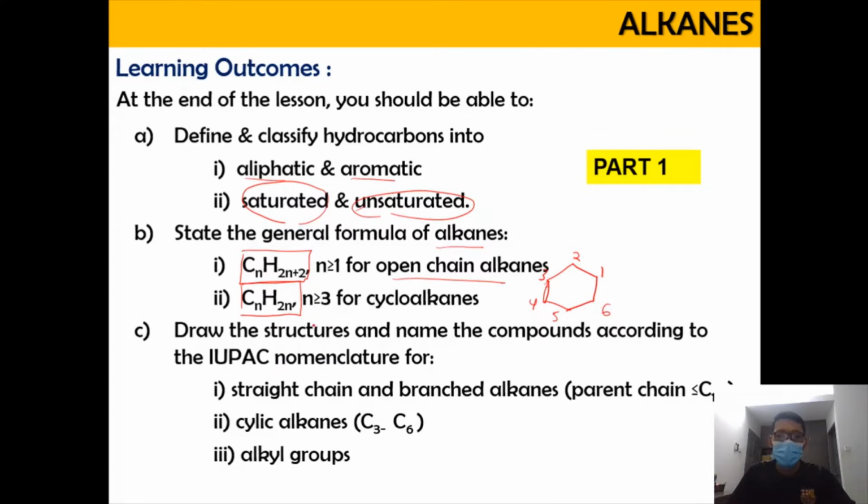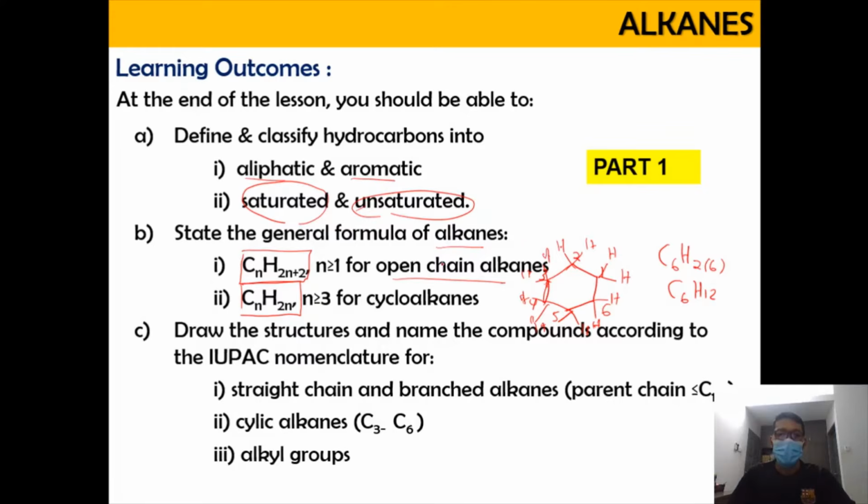So the general formula is going to be C6H2 multiplied by 6, so you're going to get C6H12, because each carbon is going to attach with 2 hydrogens. You're going to do that for all the carbon atoms.